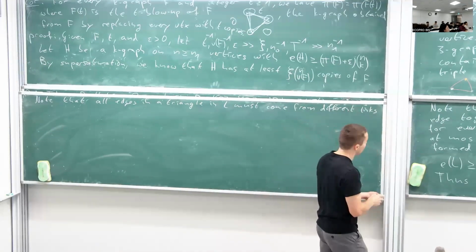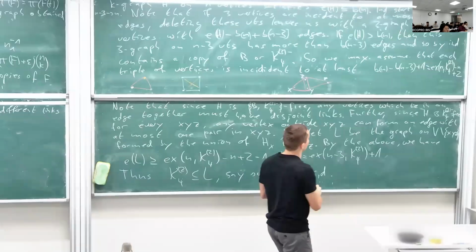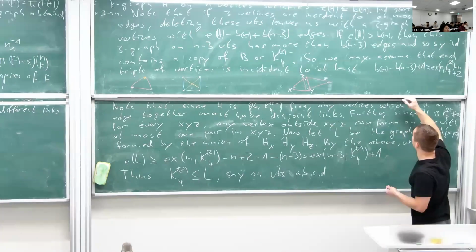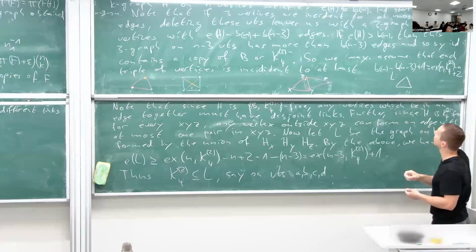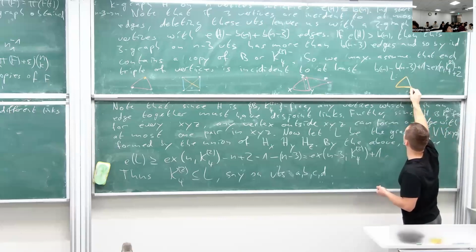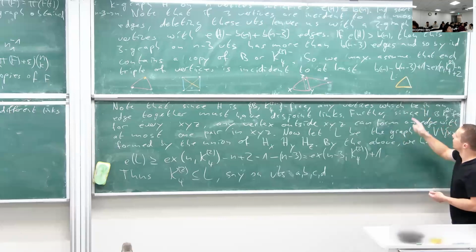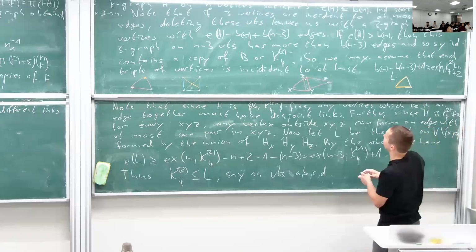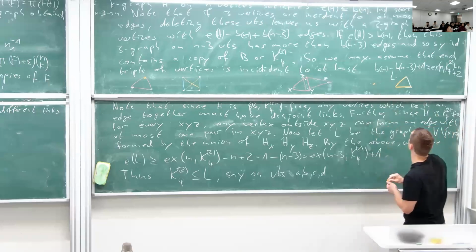Okay, and why is that? So if we have a triangle in this L, and two of these come from the same link, then what does that actually mean? So they come from the link of this orange vertex.